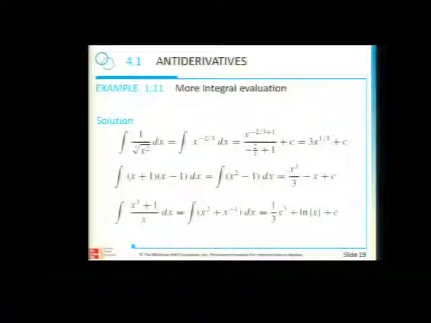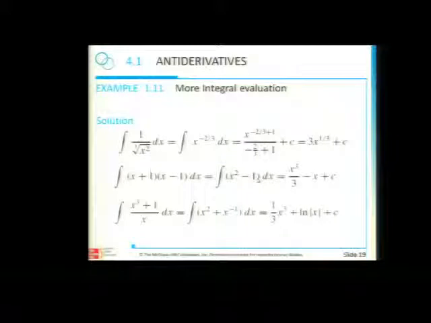None of the rules can be applied to x plus 1, x minus 1. So what we do is multiply them, and you actually get x squared minus 1. From x squared minus 1, we can use the first theorem, that is to split the integration into two terms. The first one is the integral of x squared, the second one is the integration of 1.